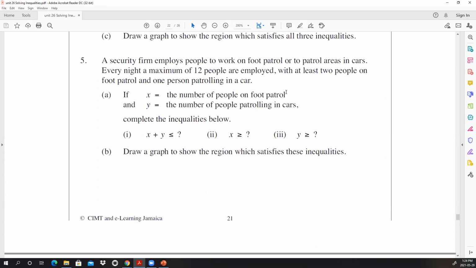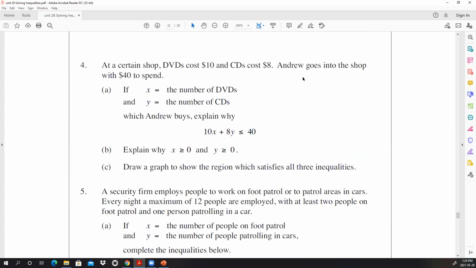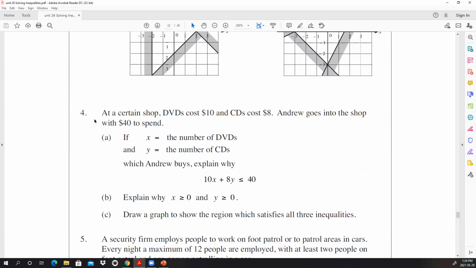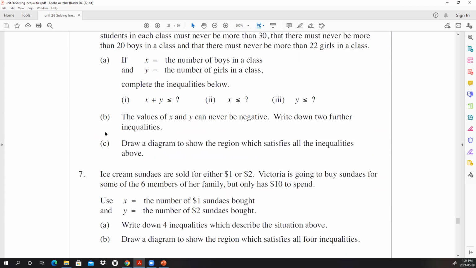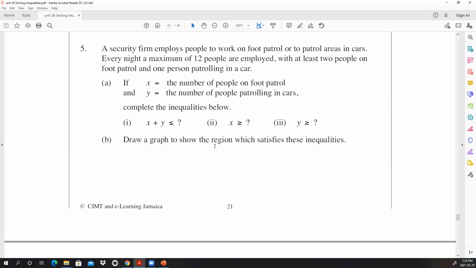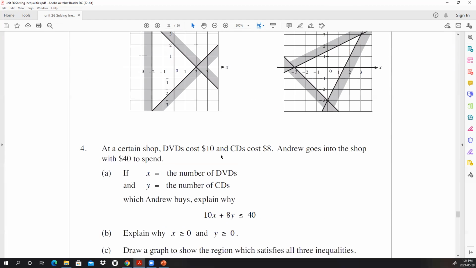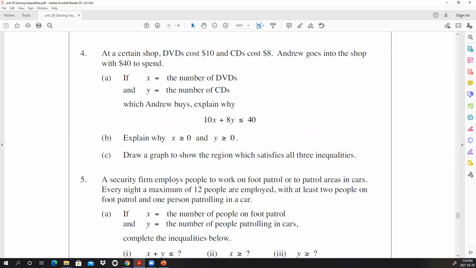So I would say do the linear programming part. Let me give direct instructions: try 4, 5, and 6. Prepare 4, 5, and 6 for next class, and we can probably do it in the week.